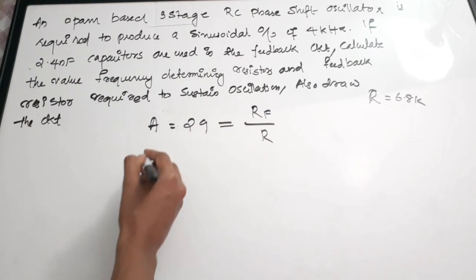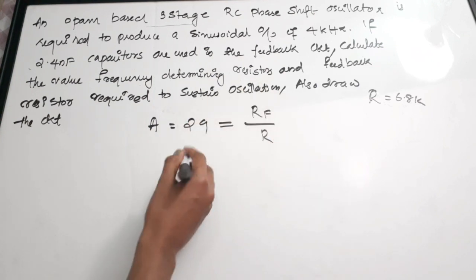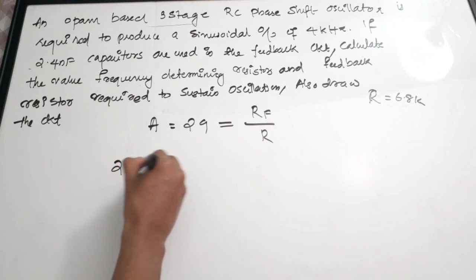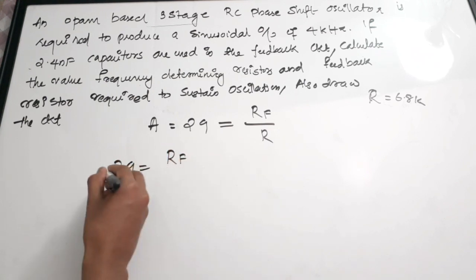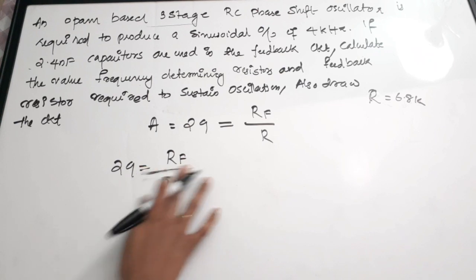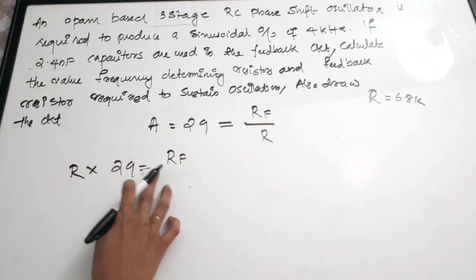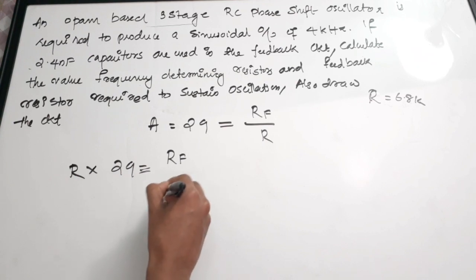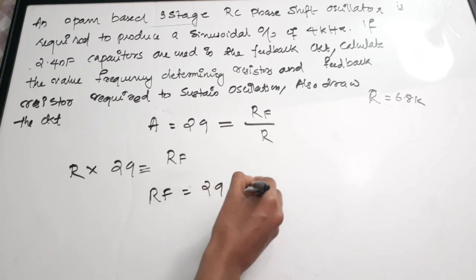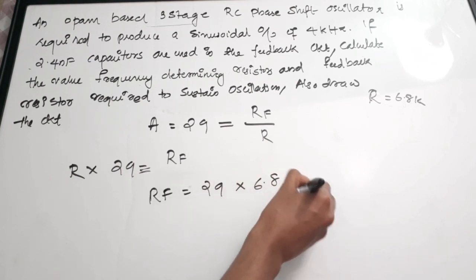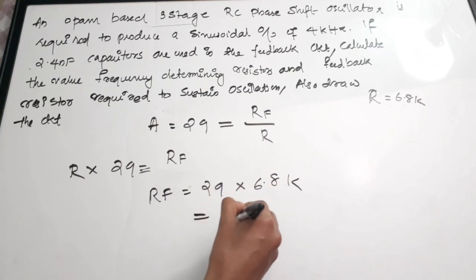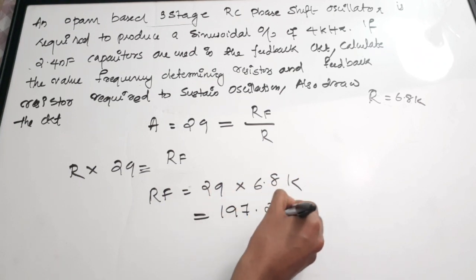Now we get from this relation 29 equal to RF by R, or RF is equal to 29 into R. So we'll get RF is equal to 29 into 6.8K, and we'll be getting 197.2K ohms.